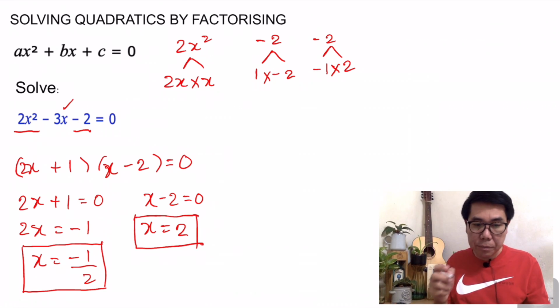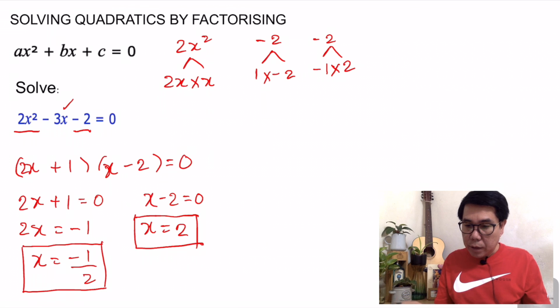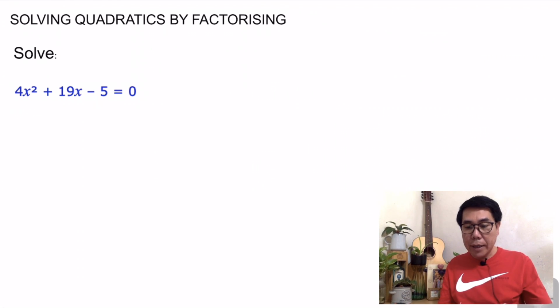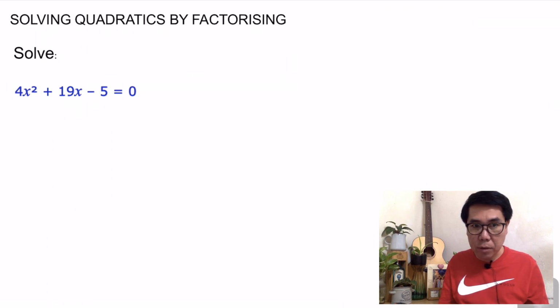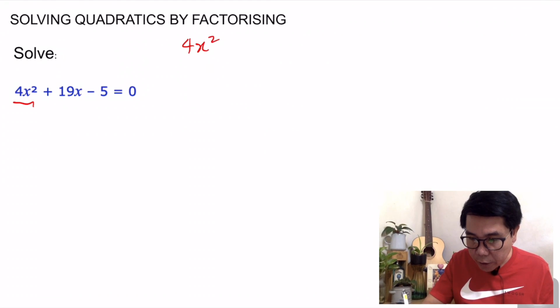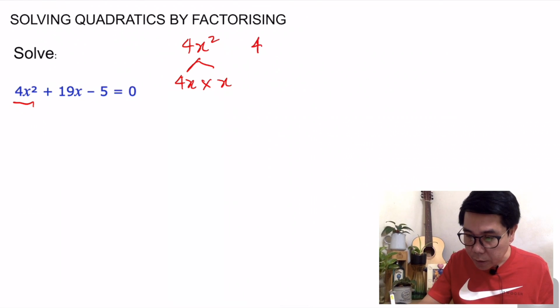Now let's proceed to the next one. I have here another one, which is 4x squared plus 19x minus 5 is equal to 0. So what we're going to do first is to factorize 4x squared. So 4x squared, we have 4x times x, or we can have also 2x times 2x.